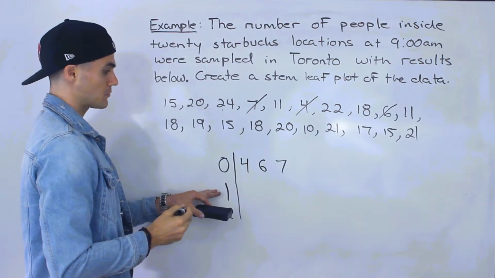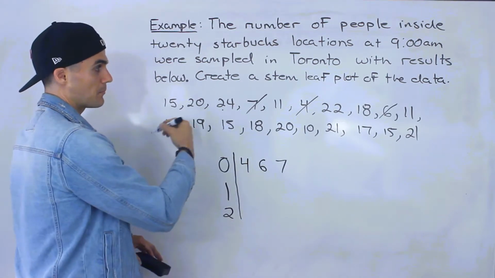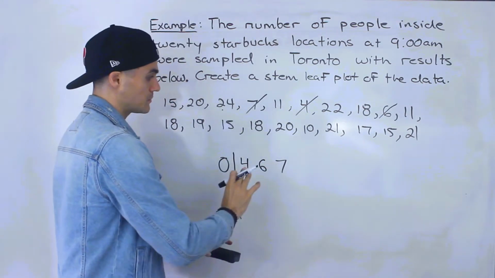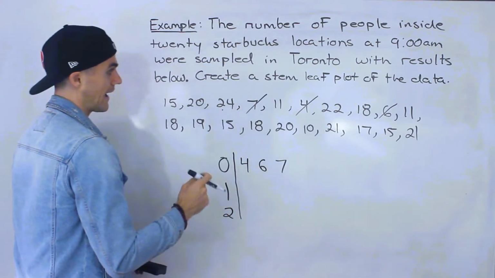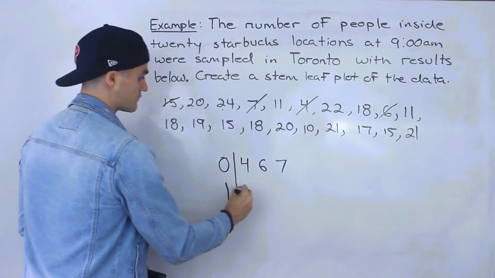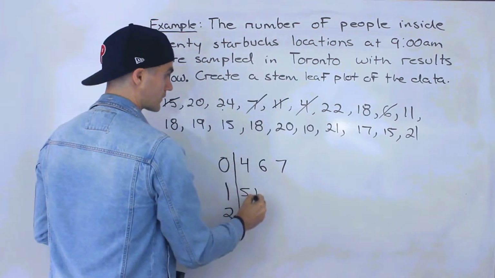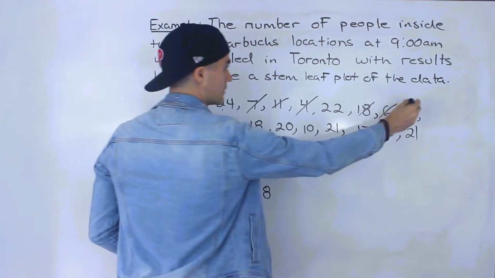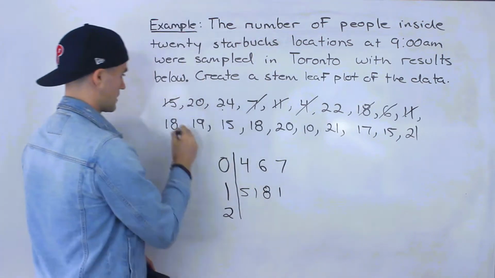Now for all of the numbers starting with a 1, notice there's going to be a bunch. So I'm just going to list them out first. They may not necessarily be in order, and then I'll put them in order after. Starting with this 15, we get a 5. 11, we get the 1. This 18, we get an 8. We get this 1 here.